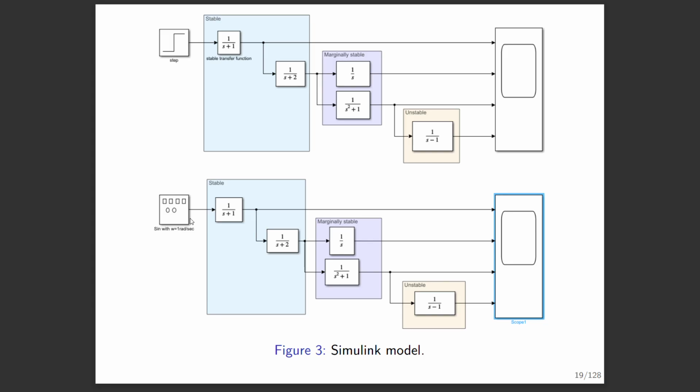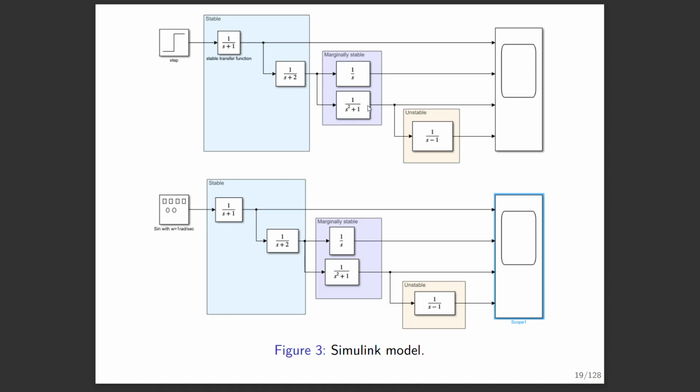Question. For this system, what's the natural frequency? What is that pole that makes this system marginally stable? Well, it's this pole. So s equals 0 is that pole.